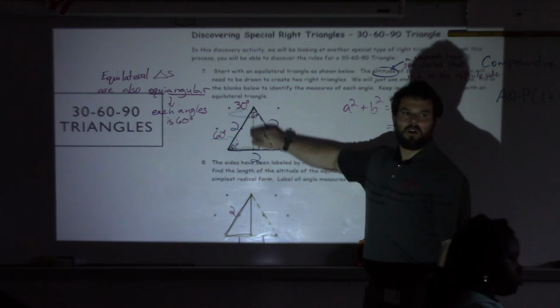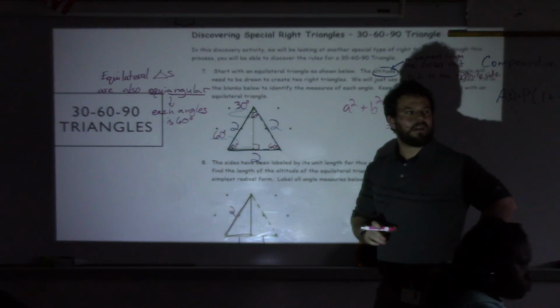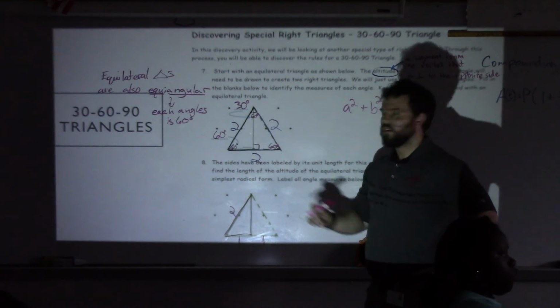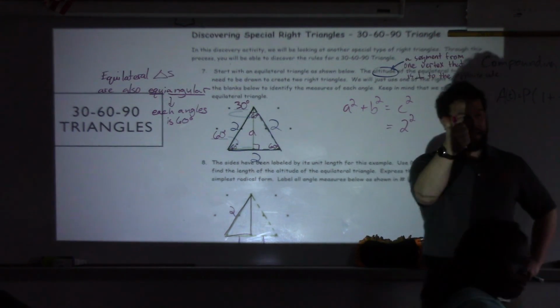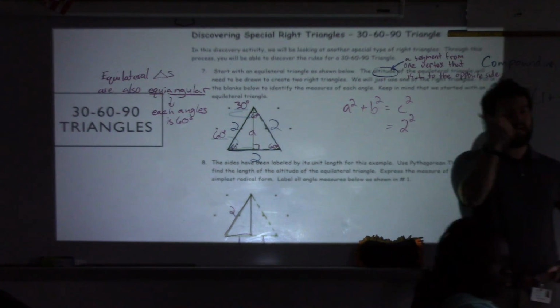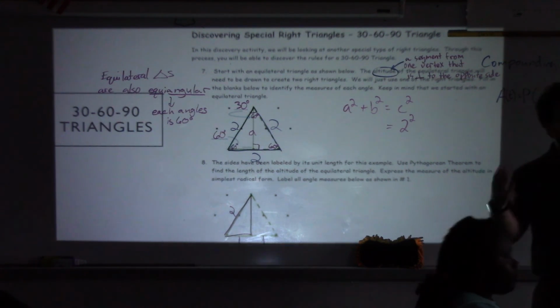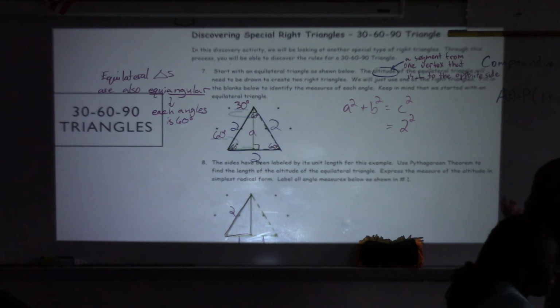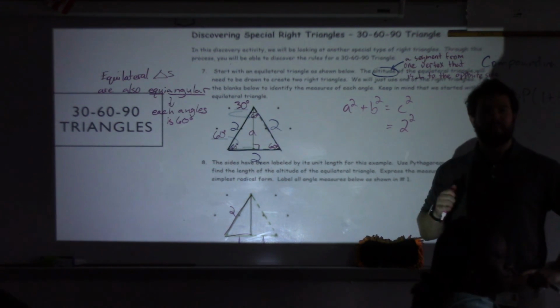What is this length called? An altitude. What would be a good letter for an altitude? A for altitude, B for base, and then C is just the hypotenuse. That one doesn't make as much sense. But an altitude and a base, that's where A and B are probably coming from. But can you leave the variables in B?